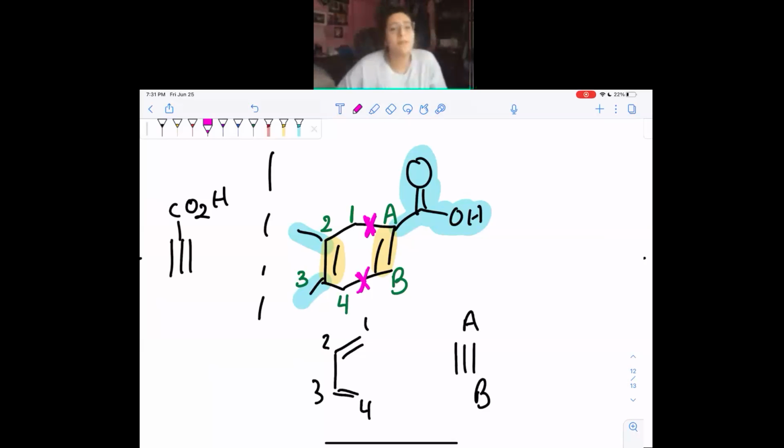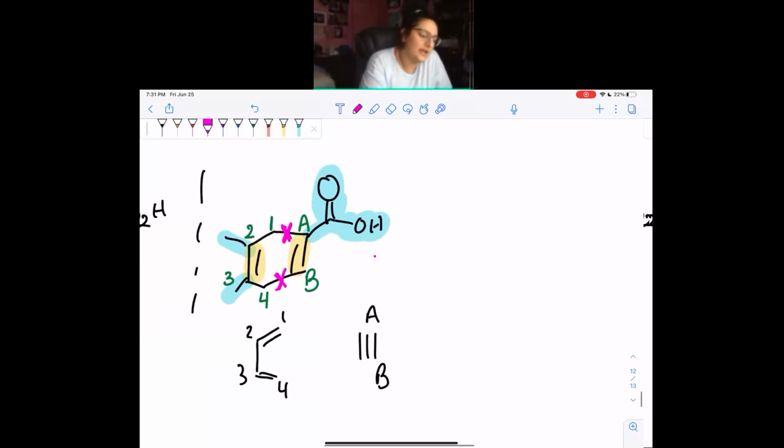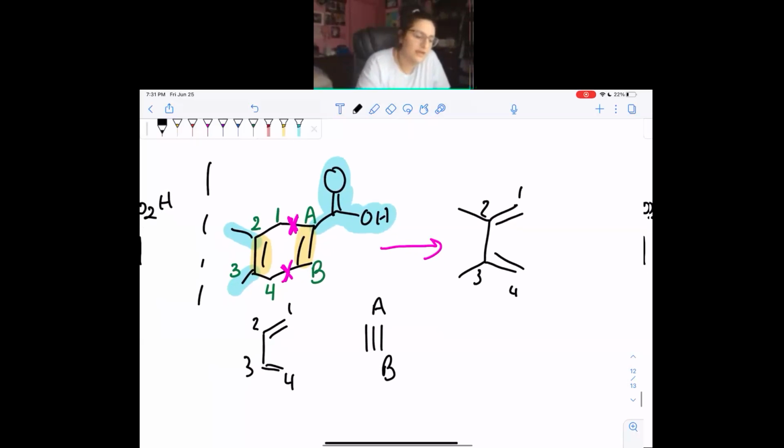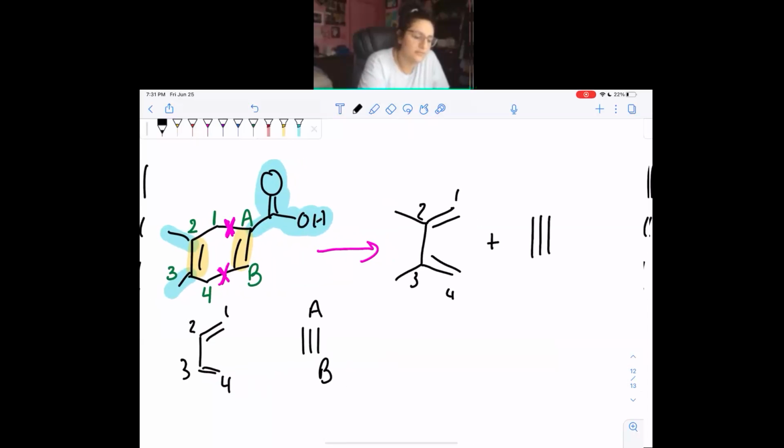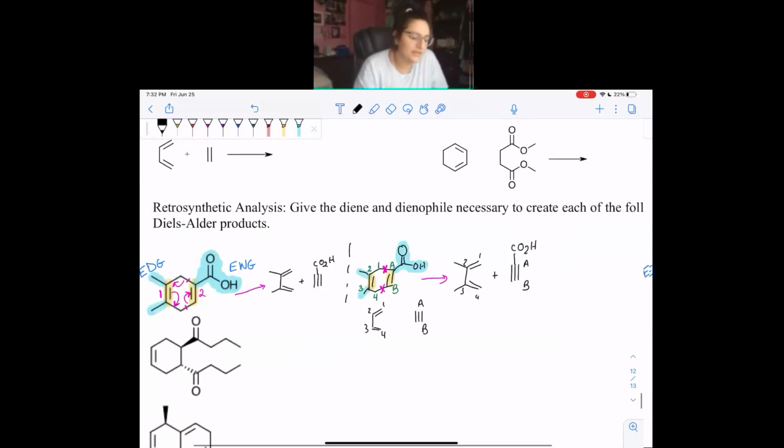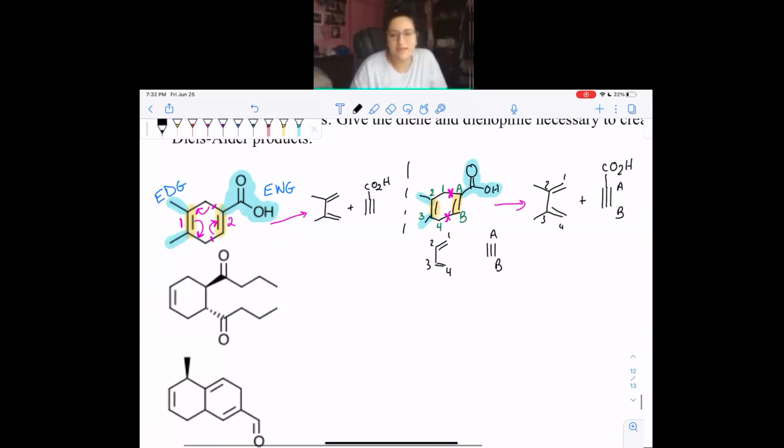Because we know we're going to make a bond between 1 and A and 4 and B. So in the retrosynthesis, we just get rid of the bond between 1 and A and the bond between 4 and B. And that would, again, give us our diene, 1, 2, 3, 4, plus our dienophile, A and B. So I know that was a lot, and I said a lot of words, and we went through it kind of fast.